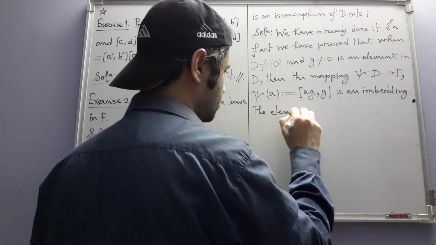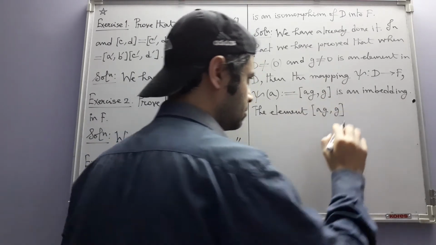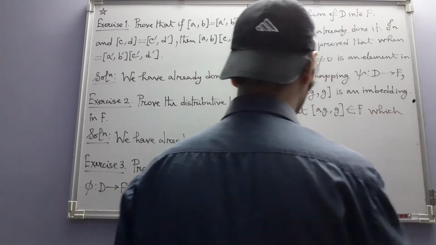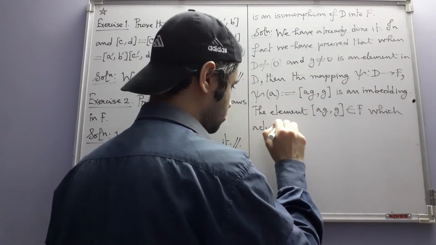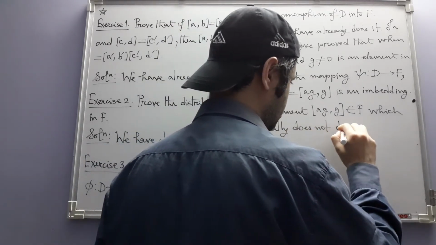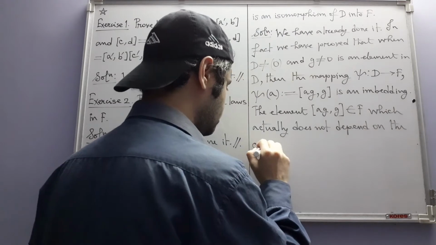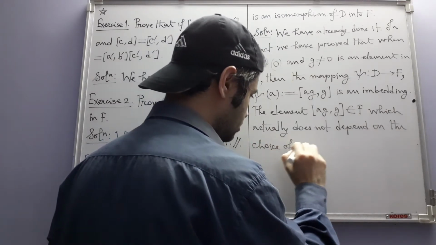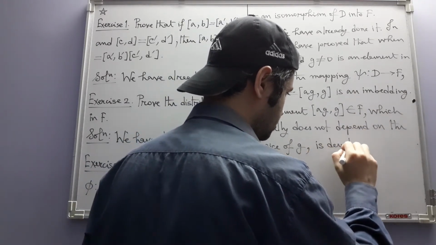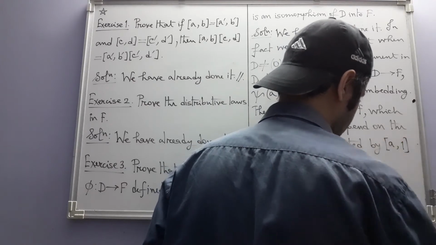The element (ag, g) belonging to F, which actually does not depend on the choice of g, is denoted by this.